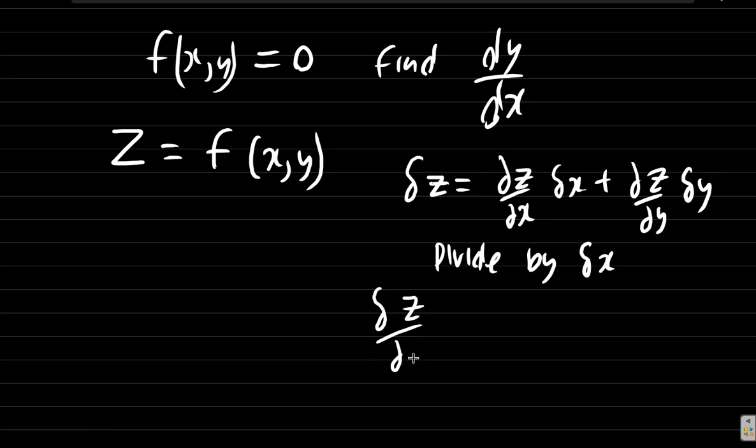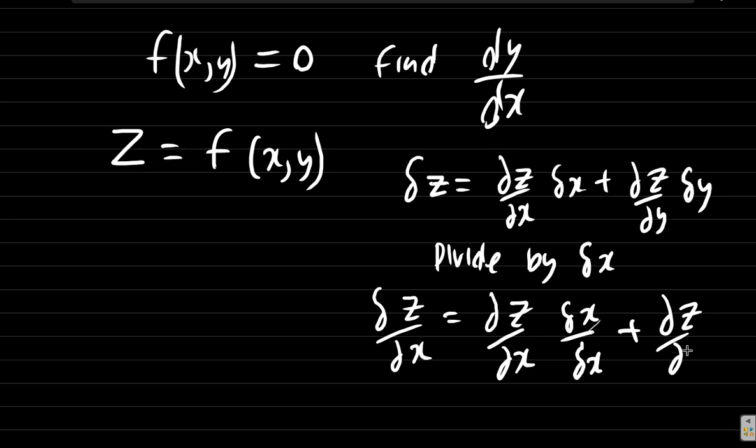Alright, del z over del x is equal to delta z by delta x, del x divided by del x, plus delta z by delta y, del y divided by del x.